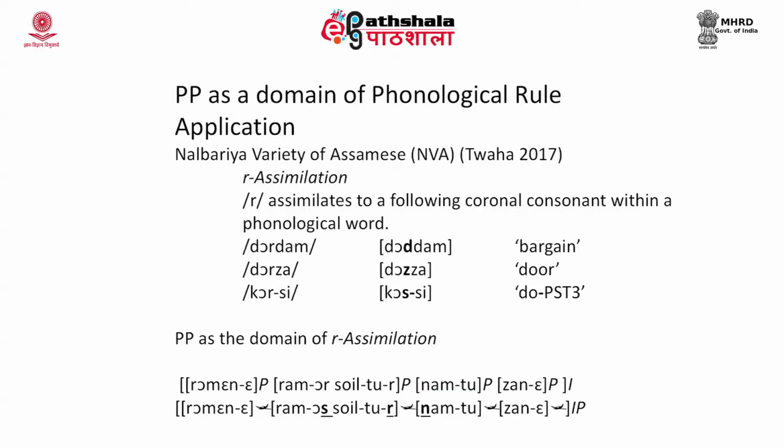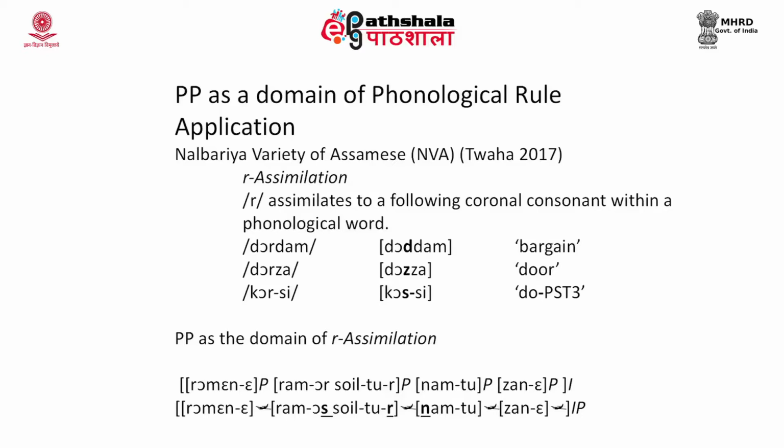Ra is found to assimilate to a following coronal consonant within a phonological word. Such as, if you have "dordam", it is "doddam". "Dorja" is "dojja". "Korsi" is "kosi". It's a common phonological process also found in Bangla and some other varieties of Bangla and Assamese.